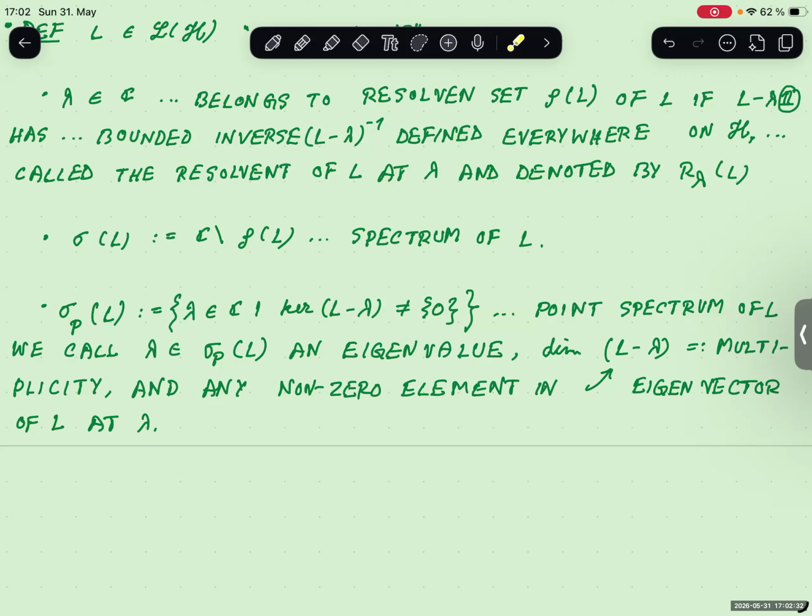So that's the plan for spectrum. And then once the spectrum with some examples is done, then we will go to the spectral theory or spectral theorem. And that goes back to the question we raised in the first lecture, how we define a function of an operator. Okay.